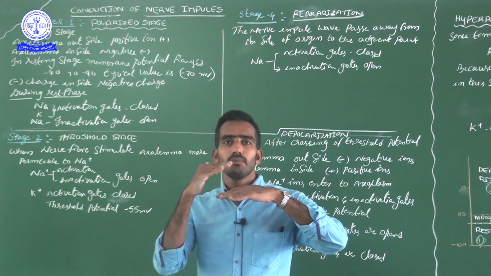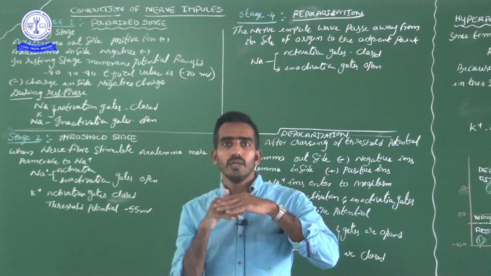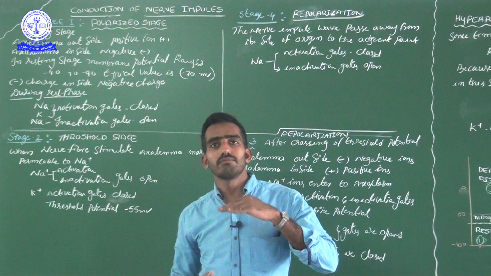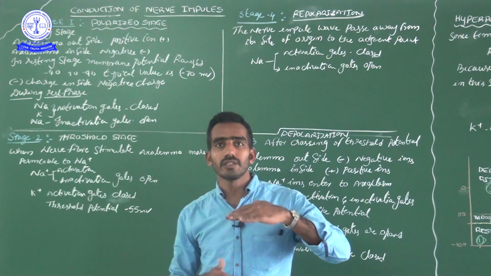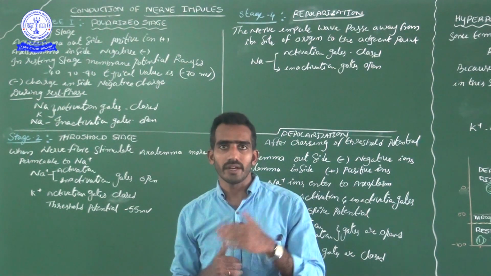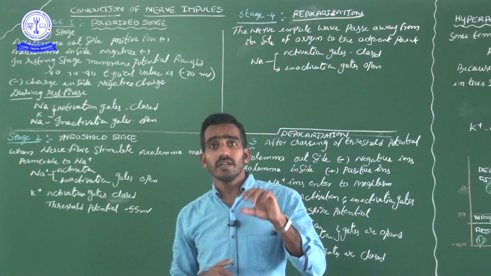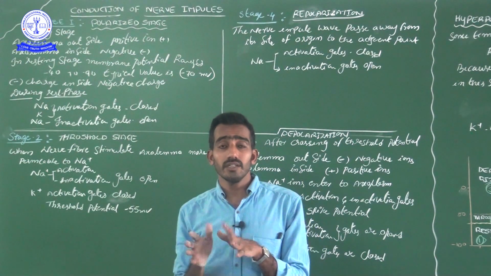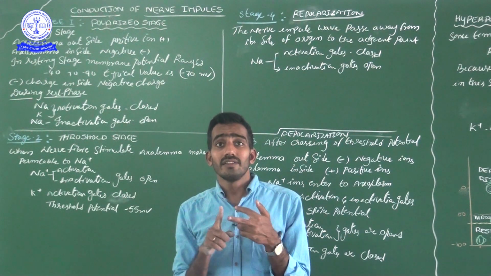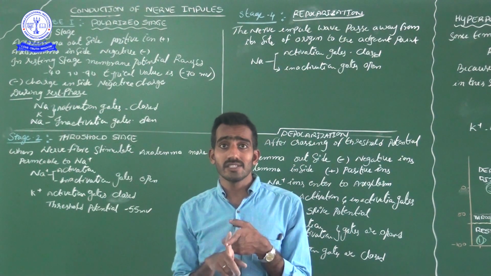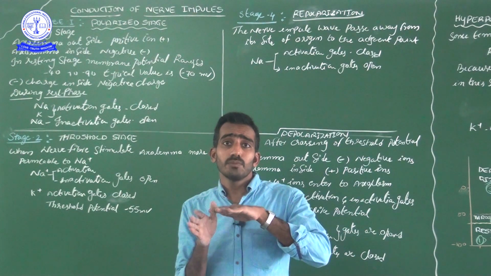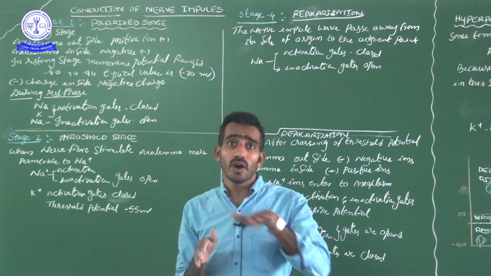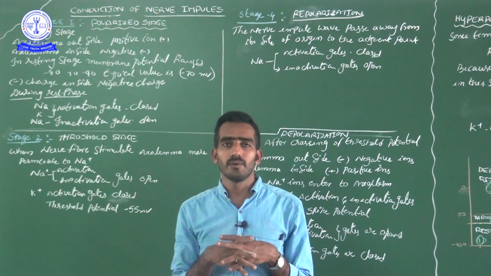Based on the distribution of sodium and potassium ions, plus and minus charges are established on either side of the axolemma. Here I used two words, action potential and electricity. The action potential is transferred in the form of electrical form.